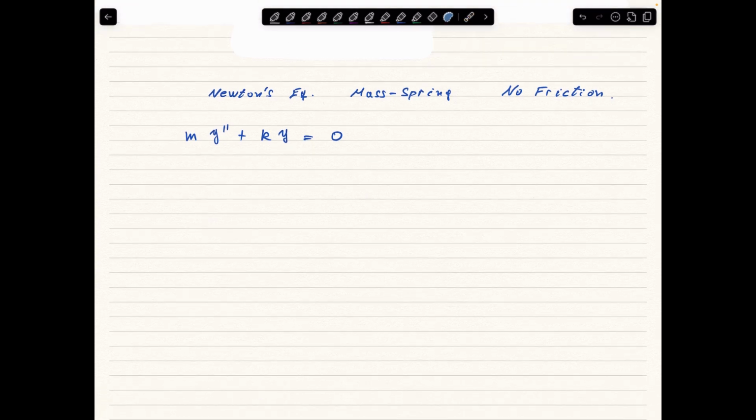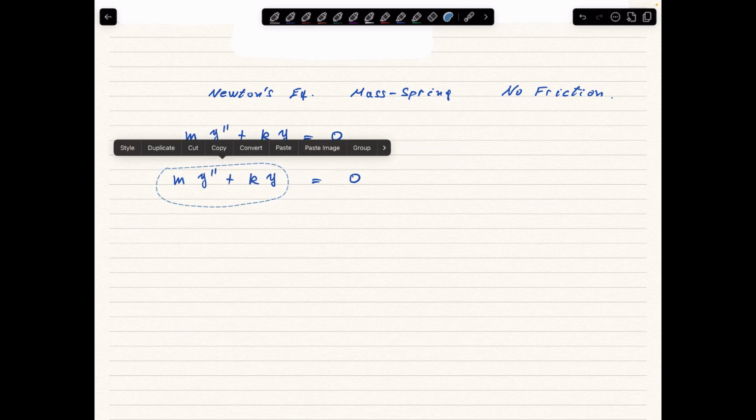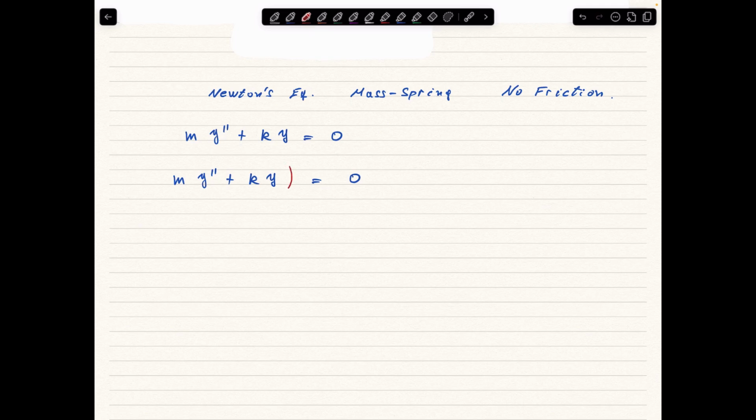Now let's grab this equation again, and let's multiply this equation by the velocity, the velocity function. We can always do it, and we can always multiply this 0 by the velocity, which again is going to be 0. We are not going to change anything on the right hand side.